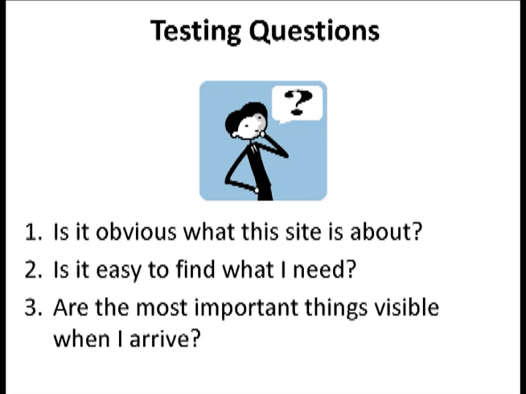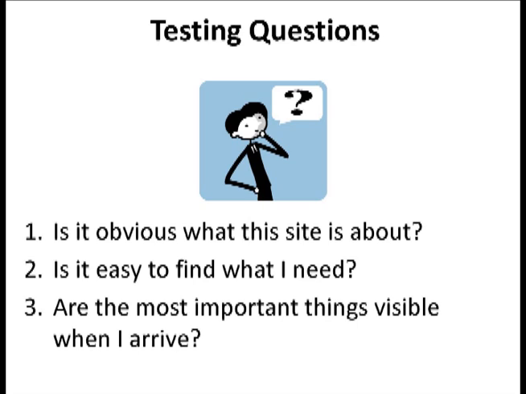So what you're doing with usability testing is asking some key questions about your site. You want to know, is it obvious what this site is about? Is it easy to find the information that I need? And are the most important things visible when I arrive? The reason we do testing for this and not just answer these questions ourselves is because we are very bad judges of whether this information is easy to find, whether it's clear, whether the important things are visible.